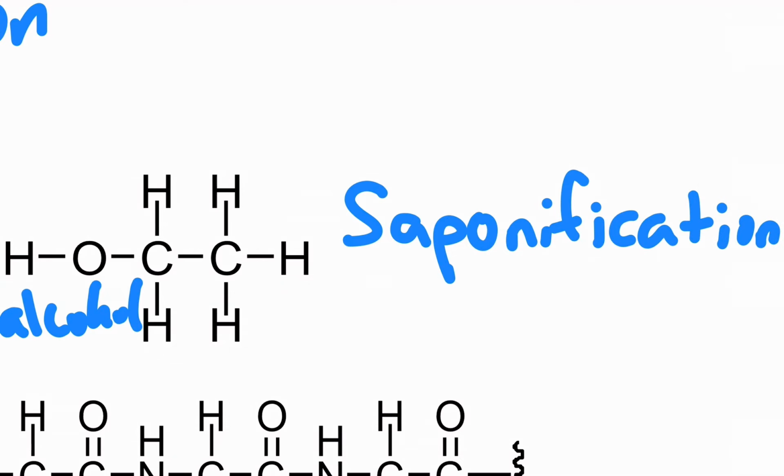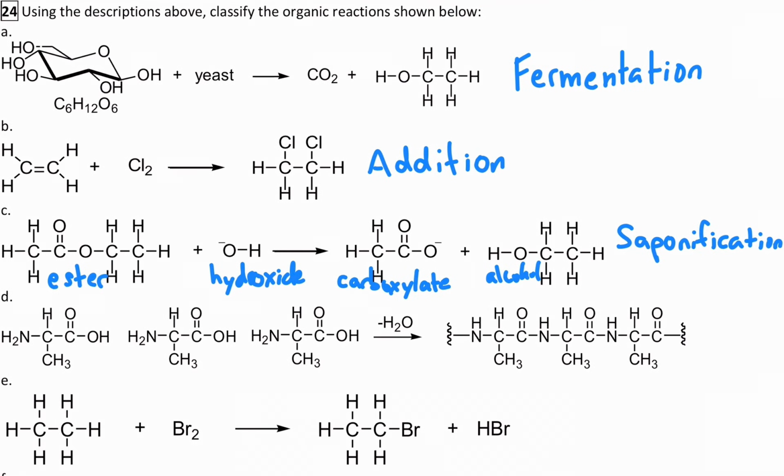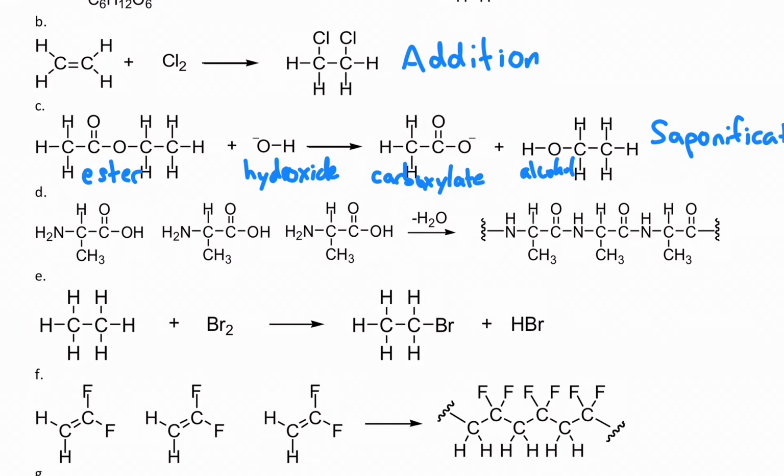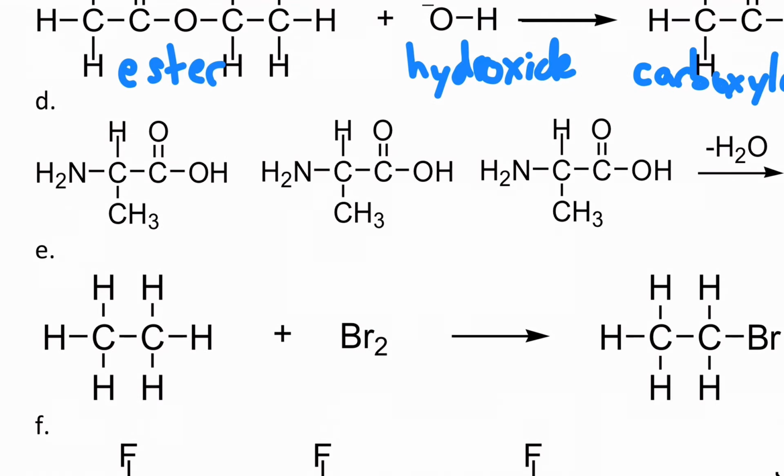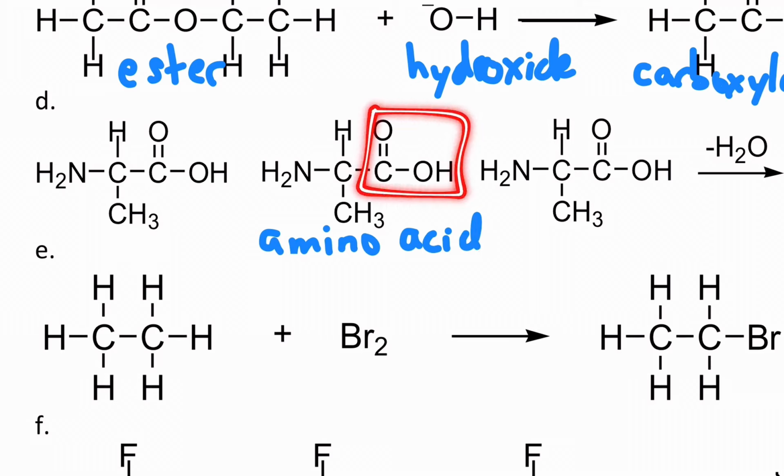Soaps are made from esters, and they turn into larger carboxylate species that are good for dissolving both polar and nonpolar things. Next, reaction D shows 3 identical amino acids. That's a functional group that has a carboxylic acid and an amine in the same molecule.